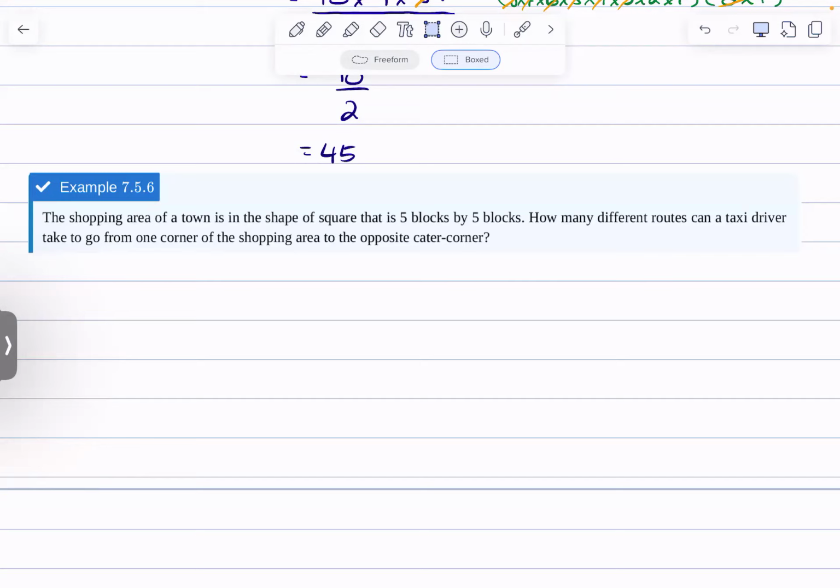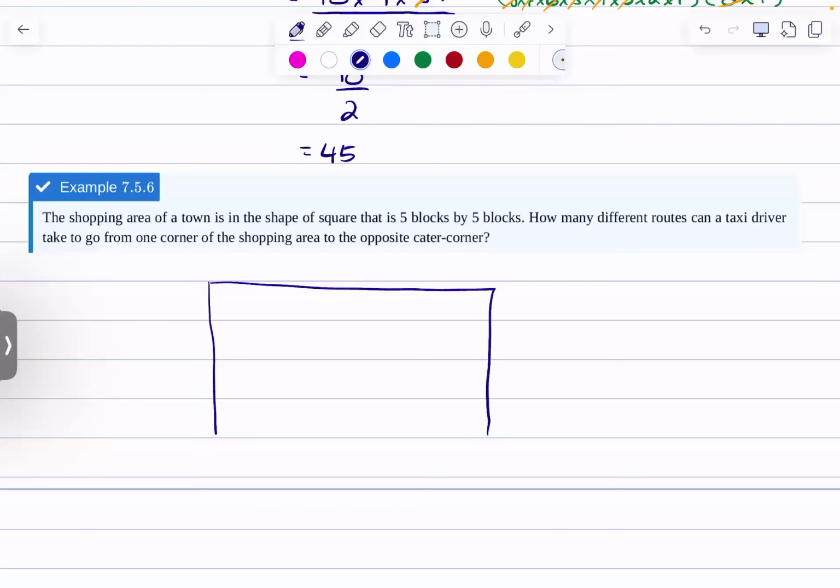And when I read this, I was like, cater corner? I've said kitty corner all my life. Cater corners? I always called it kitty corners. What do you guys call it? What is a kitty corner? It's like this, a round corner, going all the way up.